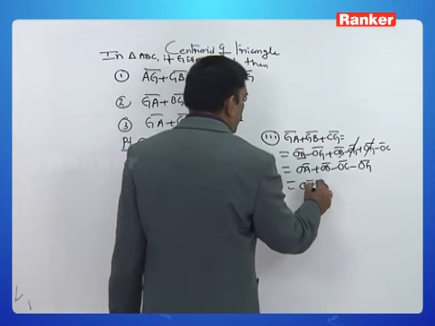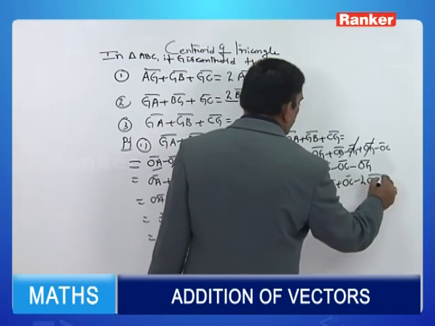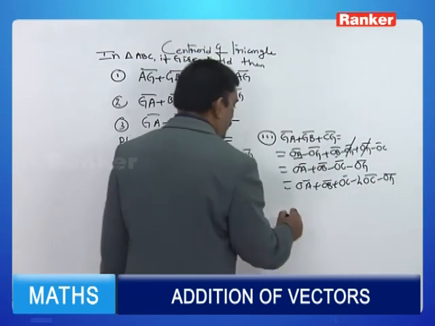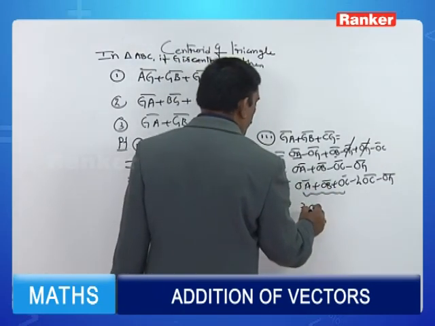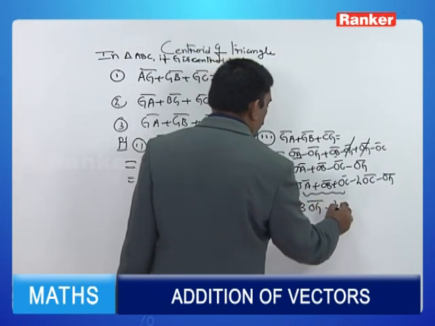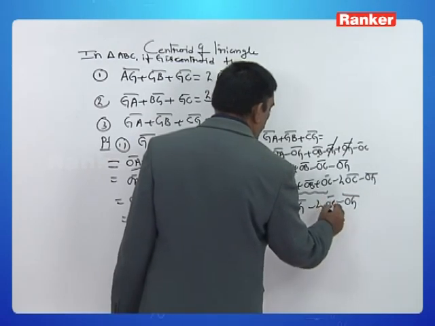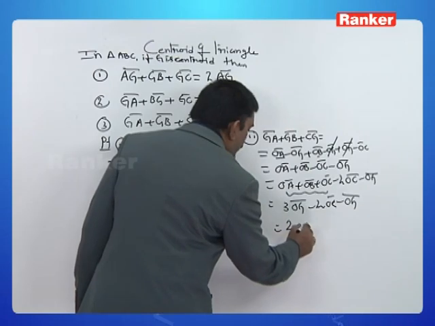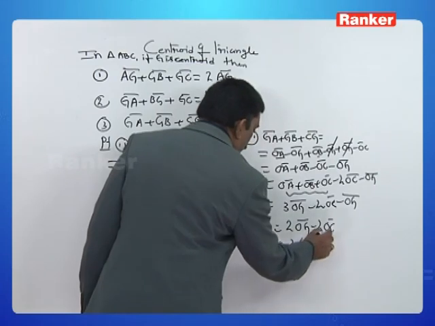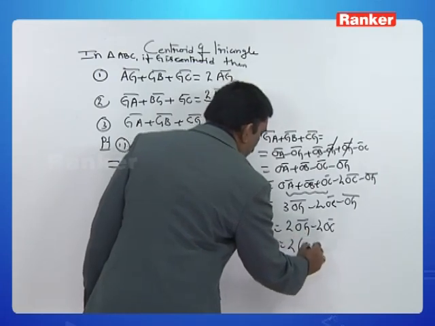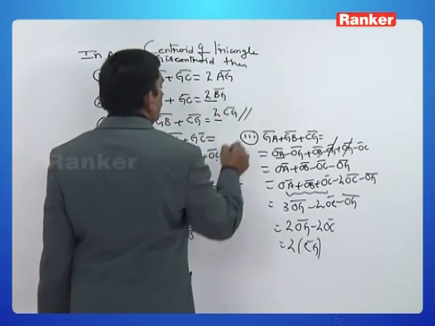Add and subtract OC, OA bar plus OB bar plus OC bar, minus 2 times OC bar. But this value is what? 3 into OZ bar minus 2 into OC bar, so 2 into OC minus OC is equal to what? CZ bar. So therefore, this value is equal to 2 into CZ bar.